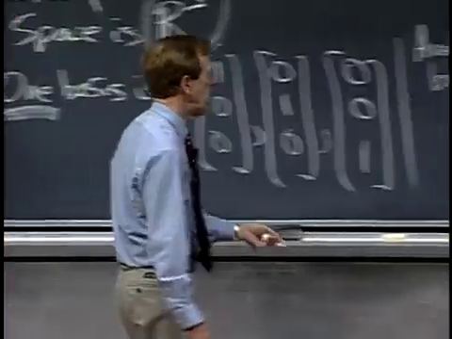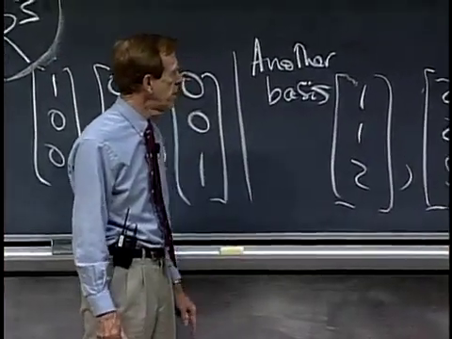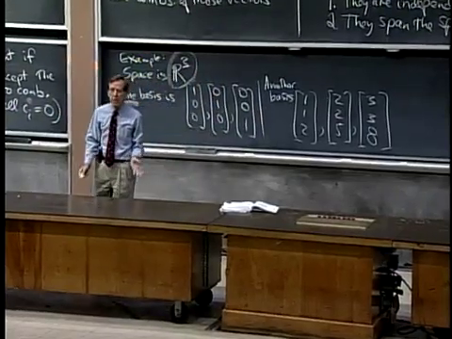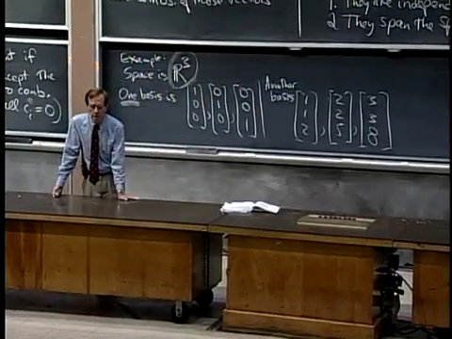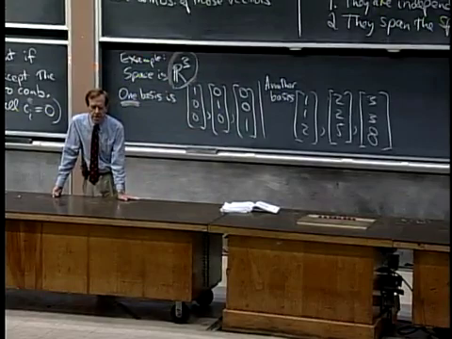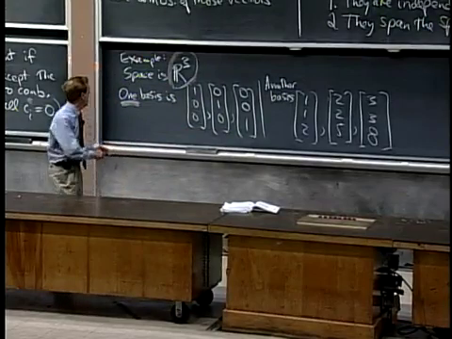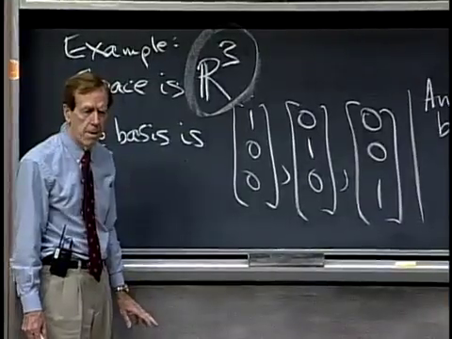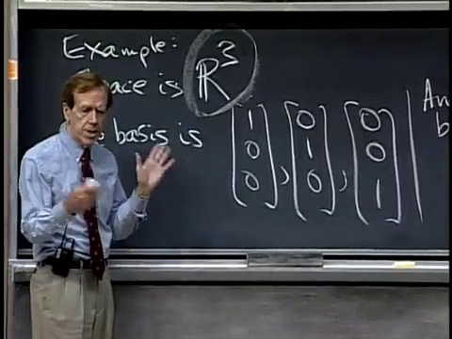Well, now actually we have a square matrix. The matrix would be 3 by 3. So in this case, when my space is R3 and I have 3 vectors, my matrix is square.